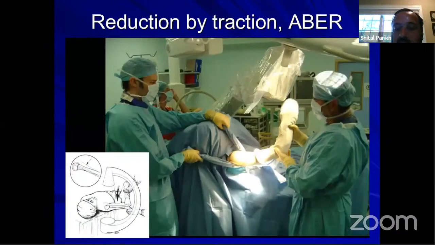The reduction maneuver that you typically need for proximal humerus fractures is abduction, external rotation with some traction, and then you push down on the distal part of the fragment, and that is what gives you the reduction. So abduction, external rotation, and then pushing the distal fragment posteriorly, as seen in this inset here. You give a push here, and that is what reduces the fracture.